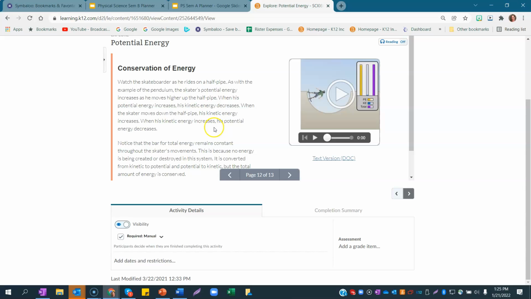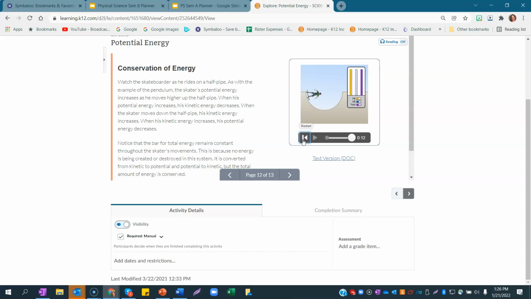So going now into conservation of energy, it says, watch the skateboarder as he rides on a half pipe. As with the example of the pendulum, the skater's potential energy increases as he moves higher up the half pipe. When his potential energy increases, his kinetic energy decreases.